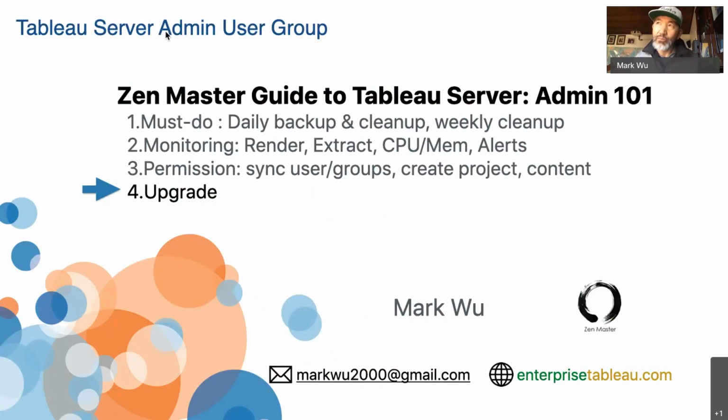Server admins create the projects at the top level only, and then let the requester become the project leader and owner. They can manage the content permissions and the project level permissions. So you can have bandwidth to do other, more important stuff.